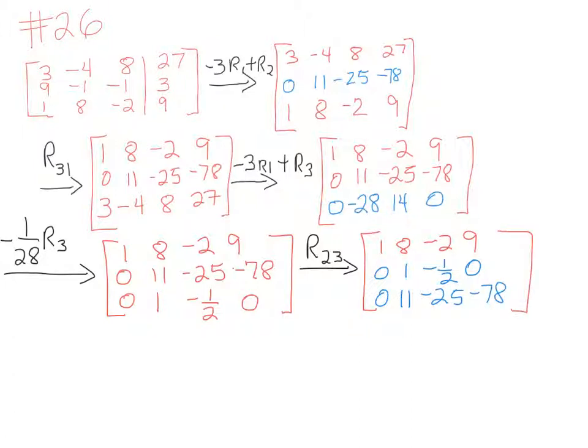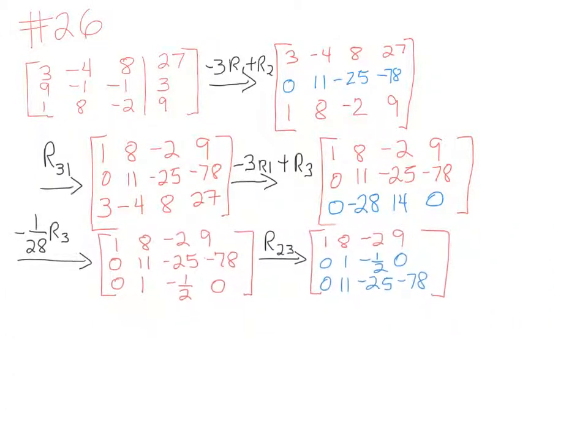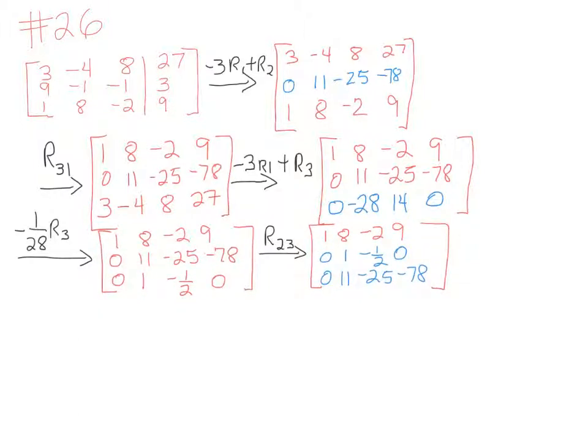Now we can get rid of the 11. How do we get rid of the 11? What should be the formula? We need to make that 11 into a 0.